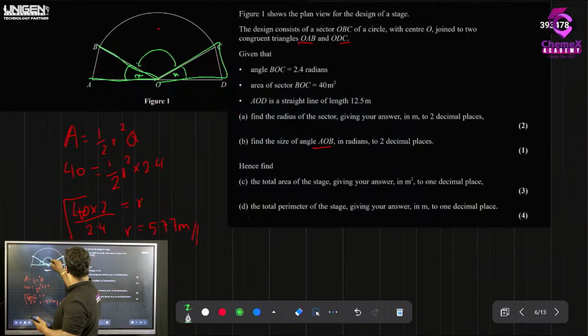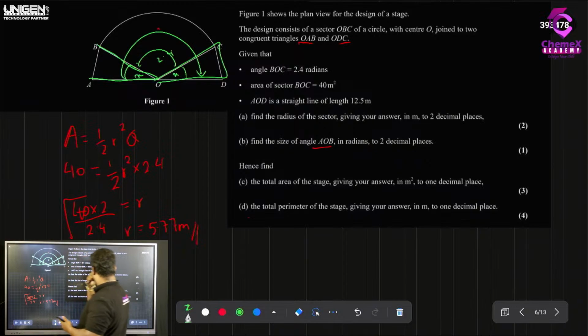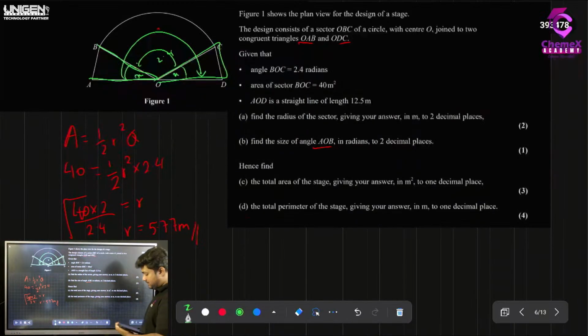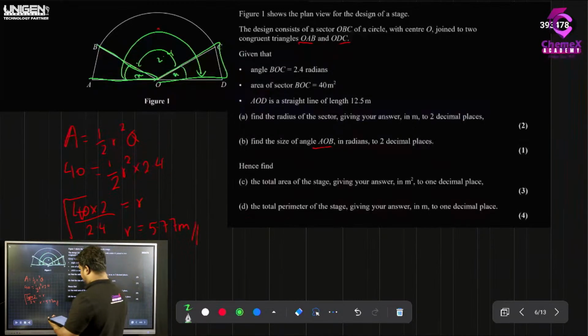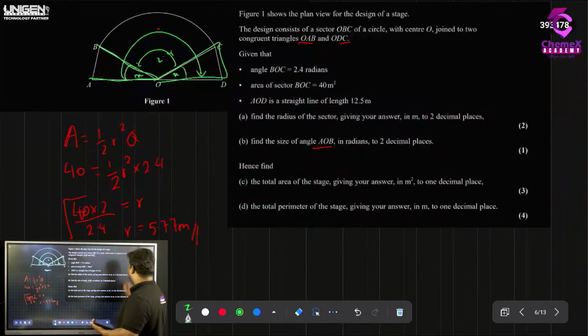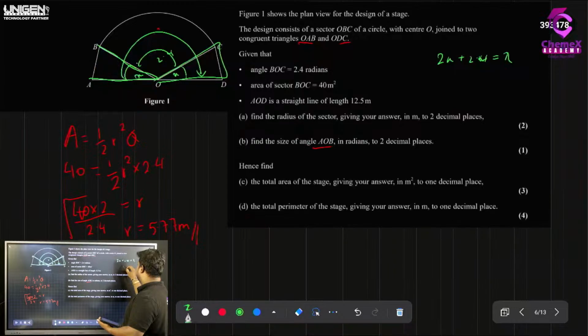So this angle we know is 2.4. You know entirely it's 180, or pi. So how do you find AOD? 2x plus 2.4 equals pi. X is equal to pi minus 2.4, divided by 2.